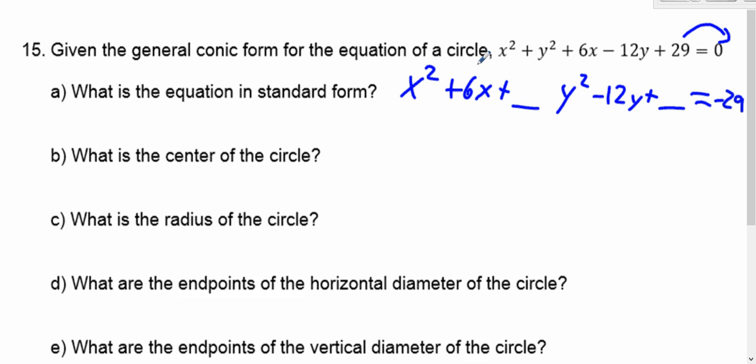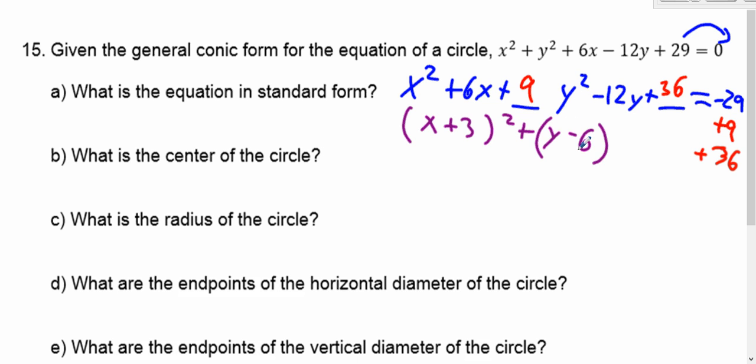Now we fill in the blanks. 3 squared is 9, so we add 9 on both sides. 6 squared is 36, so we add 36 on both sides. So this is x plus 3 squared. This is y minus 6 squared. And you add all that up, that will be 45 minus 29 is 16.